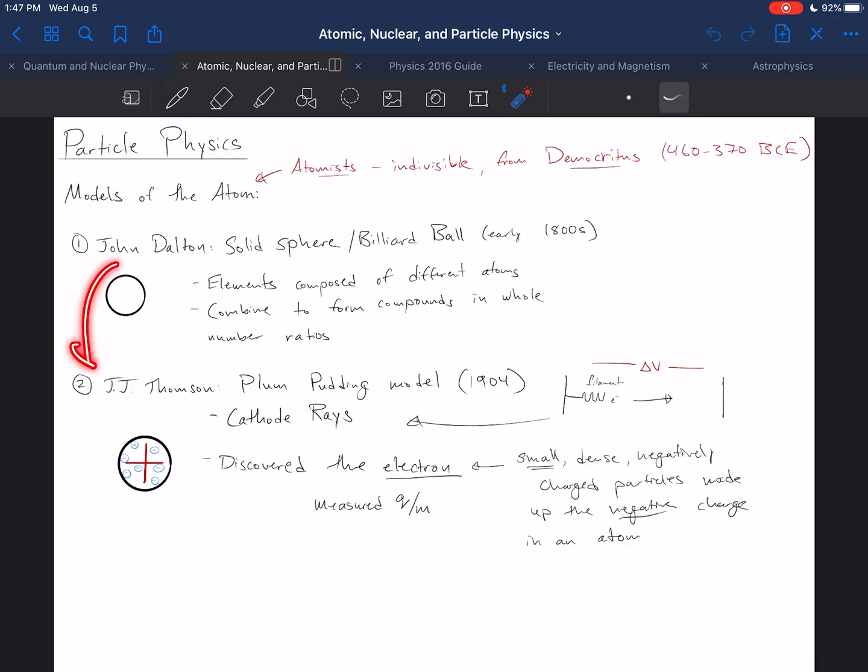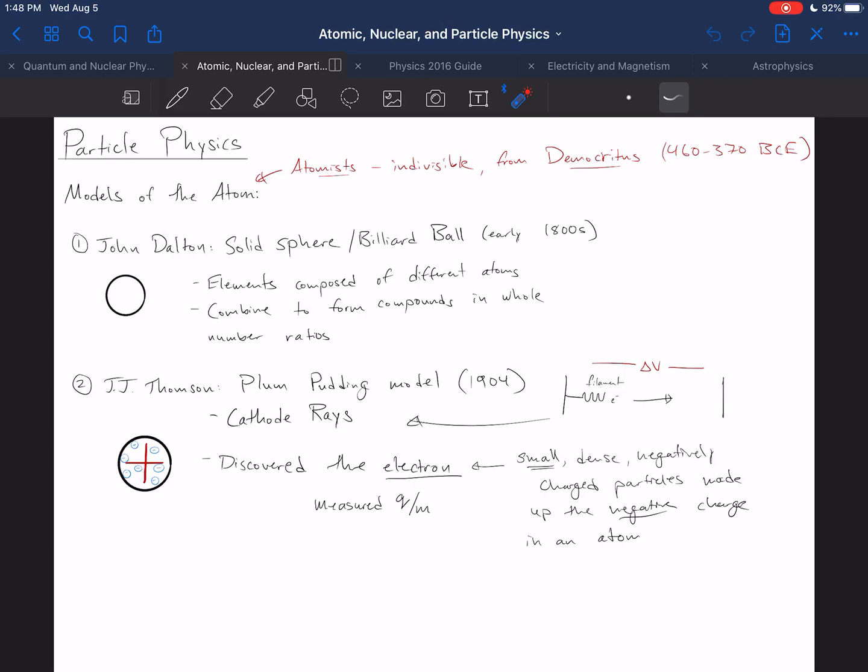Then we move forward again in 1904 with a few experiments conducted by J.J. Thomson, who, using something called cathode ray tubes, which were devices used all the way up to close to the present day in the form of CRTs, the old model of television.